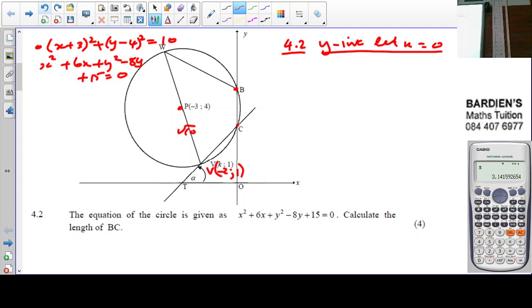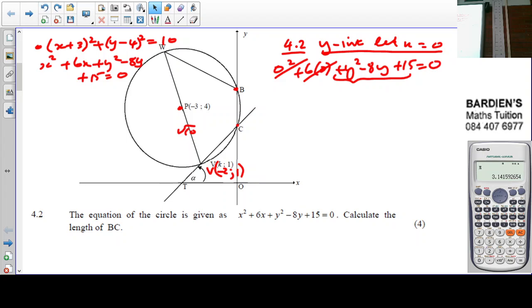Okay? So if we do the substitution, I'm going to get 0 squared plus 6 times 0 plus y squared minus 8y plus 15 equals 0. So what happens is, this cancels. So this is now a trinomial. Okay?